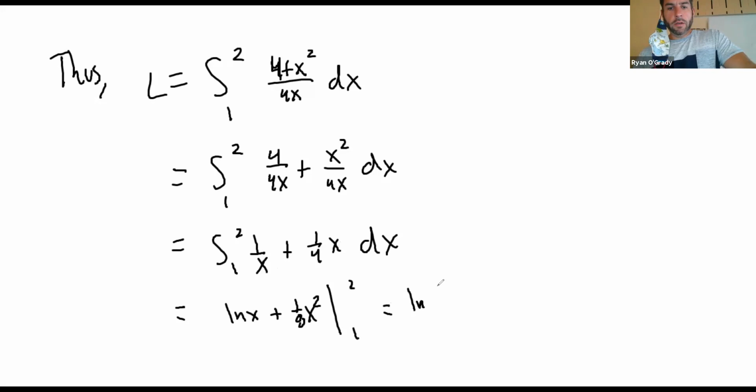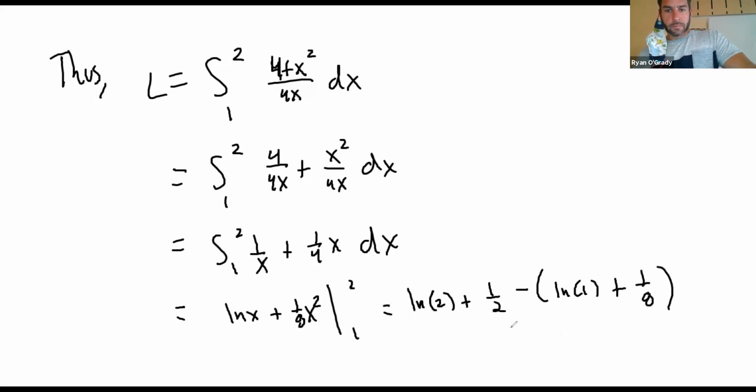So it's log of 2 plus 1/2 minus log of 1 plus 1/8. And at the end of the day, log 2 survives. 1/8, when you take it away from 1/2, is the same thing as 4/8 minus 1/8.